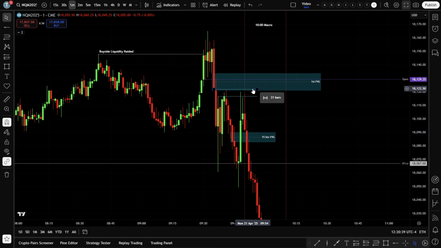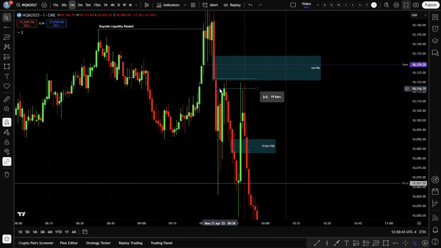And then these two blue lines are another fair value gap from there, including the volume imbalance.